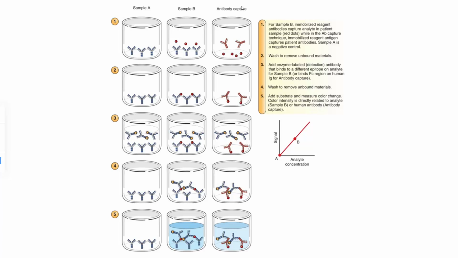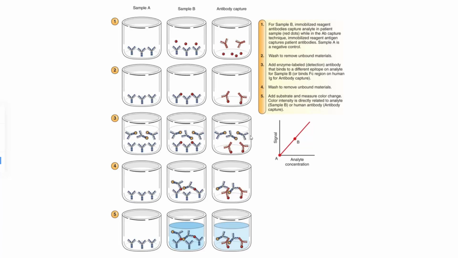So what's going on over here? This is kind of the reverse, in which we passively absorb antigen to the bottom of the well. Then we're going to add antibody to it, and the antibody would stick to that antigen. And then we add a secondary antibody, and that secondary antibody is labeled, just like the secondary antibody in these examples.